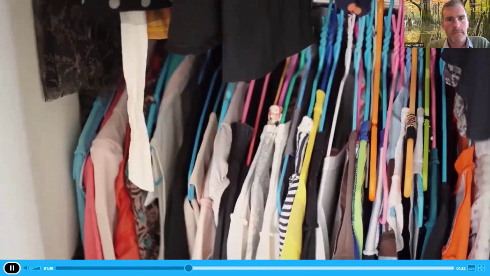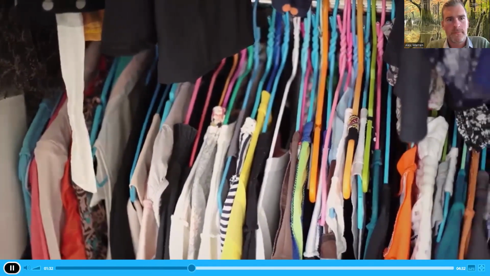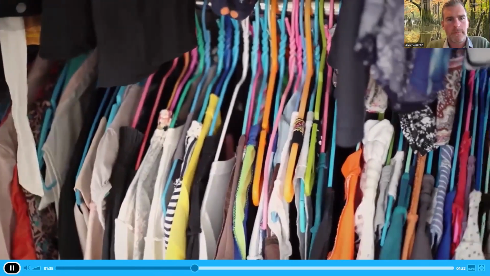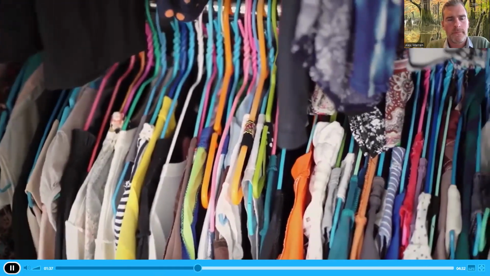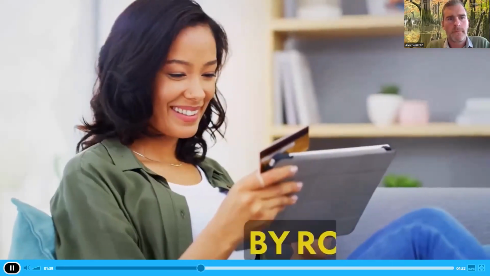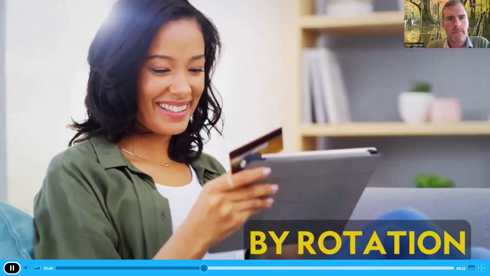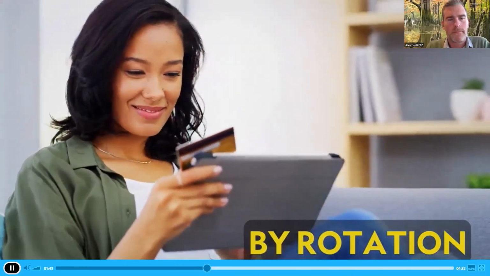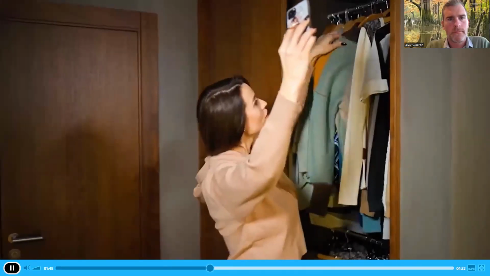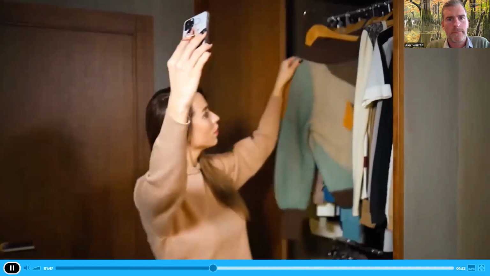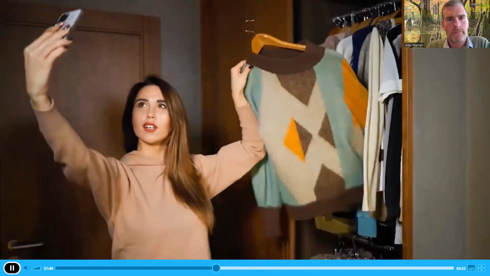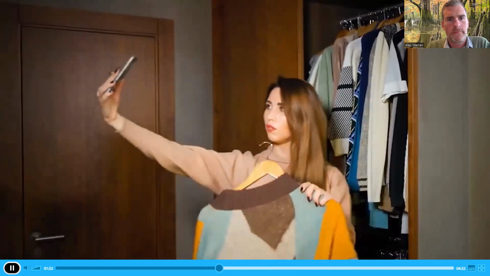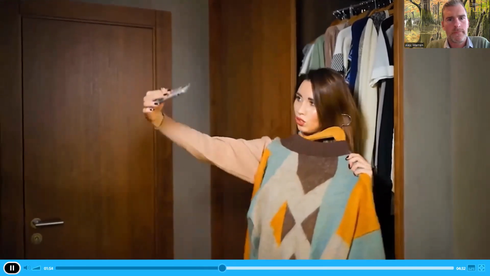But the problem is not just that consumers buy too many items of clothing. It's also that having bought them, they don't wear them. Companies such as By Rotation are tackling this problem too, with a peer-to-peer rental service. Peer-to-peer rental services allow customers to rent their clothes to each other. By Rotation never actually sees the clothes themselves.